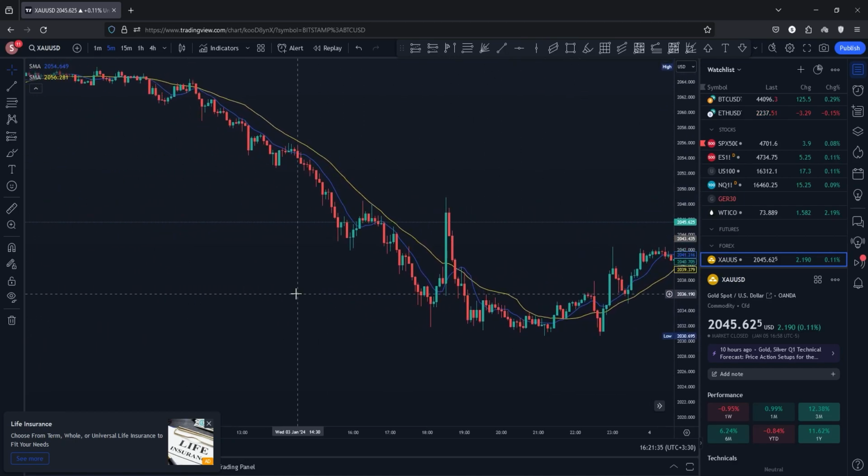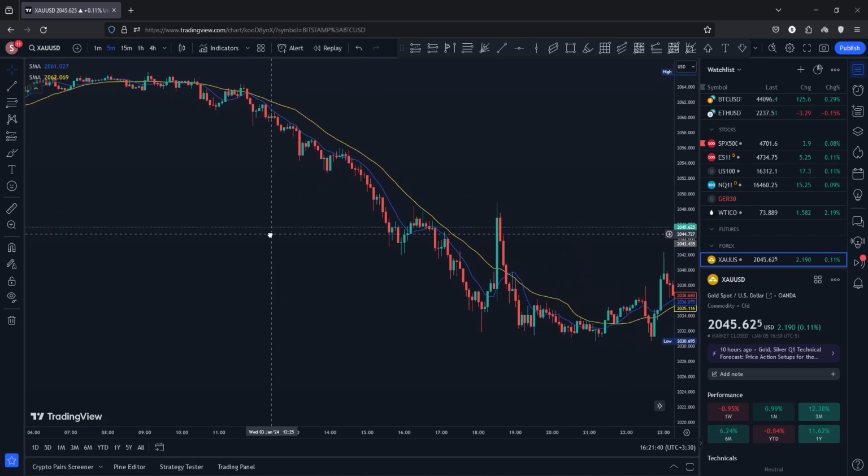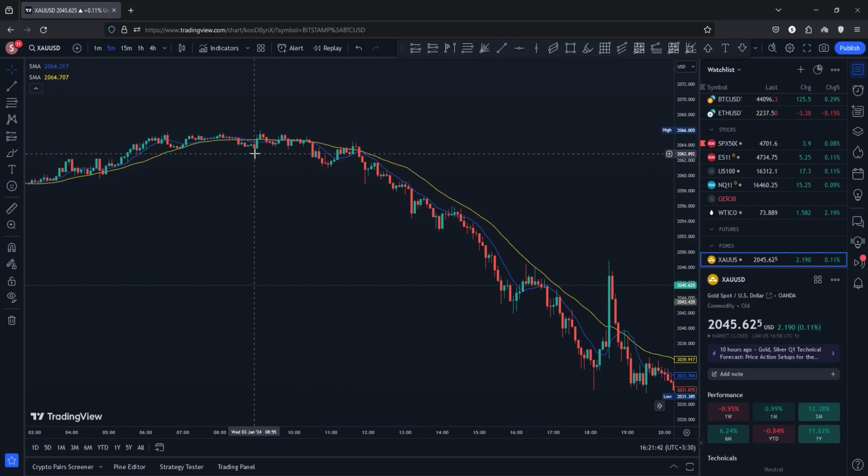Well, let's go to the previous day. As you see, if you enter the trade here, you will wait until the cross, or you can enter the long trade here, but you can lose the money. But after that, you can enter another trade here, and it can give you a good profit.